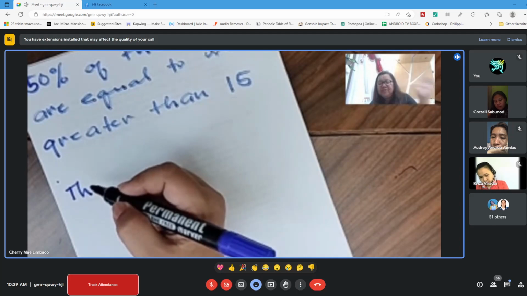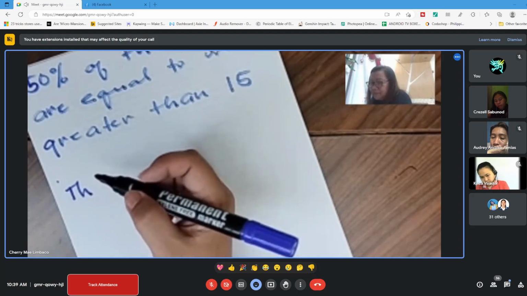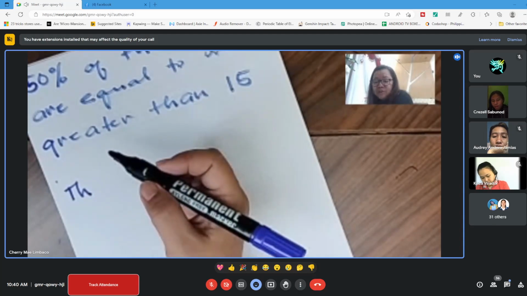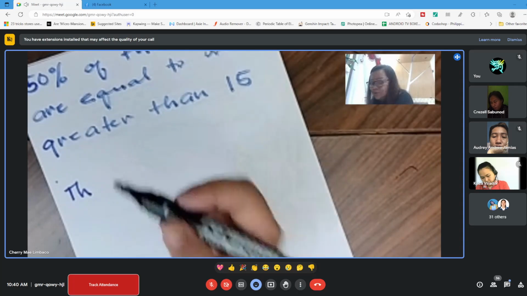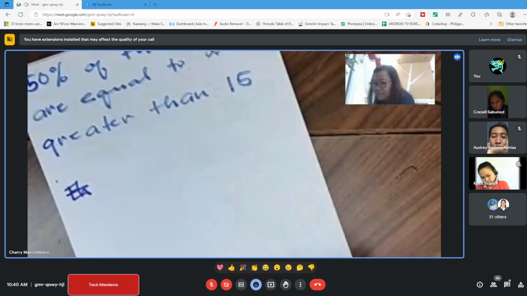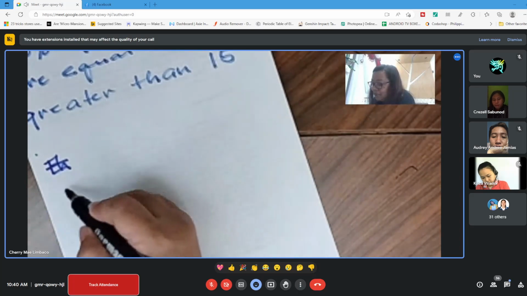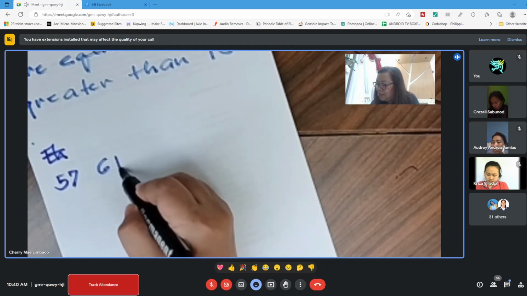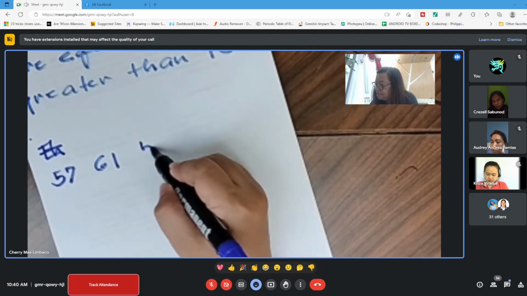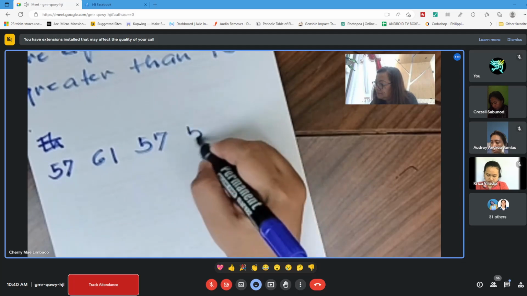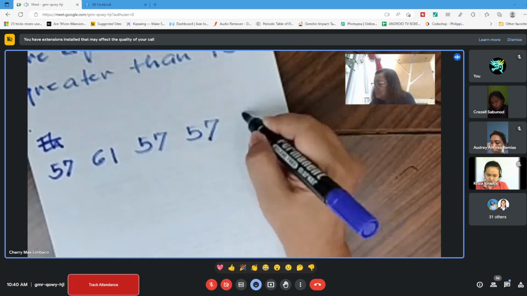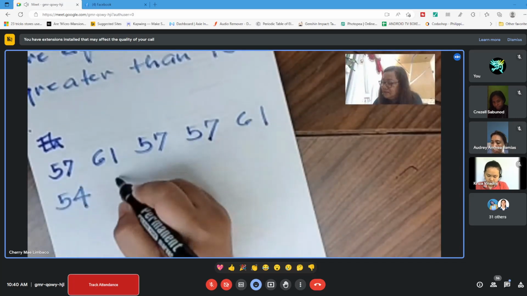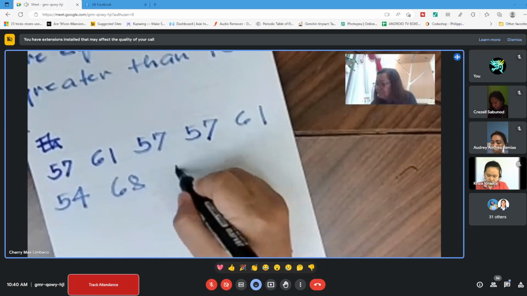At the first inauguration, the ages of the first presidents of the United States of America were 57, 61, 57, 57, 61, 54, 68, and 58.